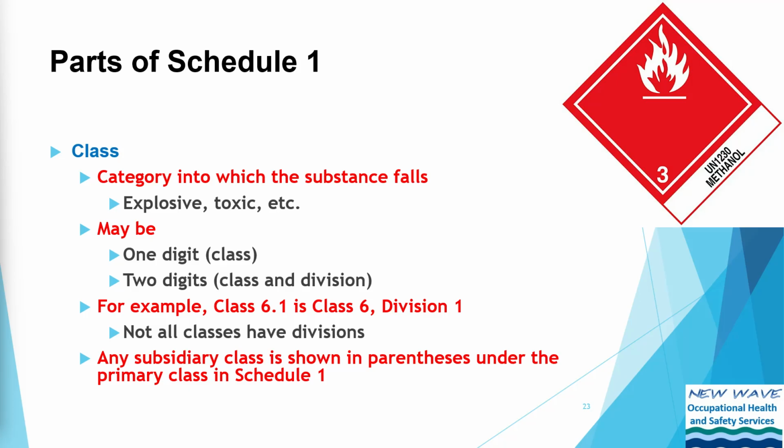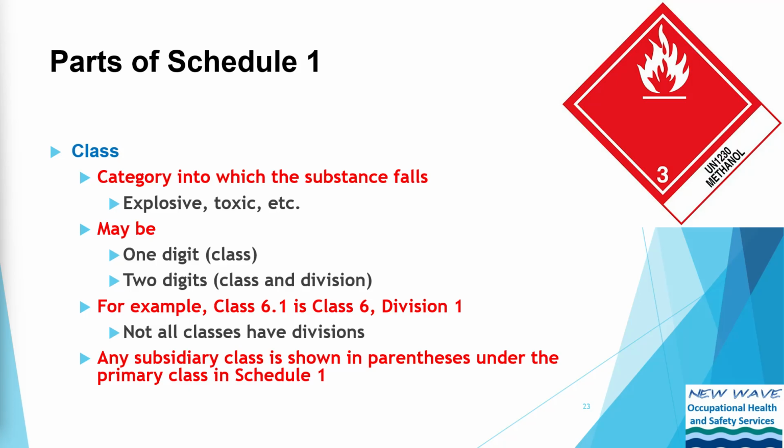The next column in Schedule 1 is the class. Very similar to WHMIS, the Transportation of Dangerous Goods regulations groups products into classes with similar hazards, such as explosive, toxic, etc. Most, but not all classes, also have divisions, which are essentially subclasses or finer groupings of products. Thus, the class may be 1 digit for a class alone, or 2 digits for a class and a division.